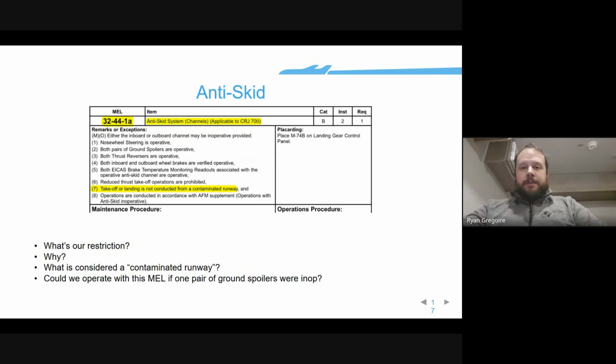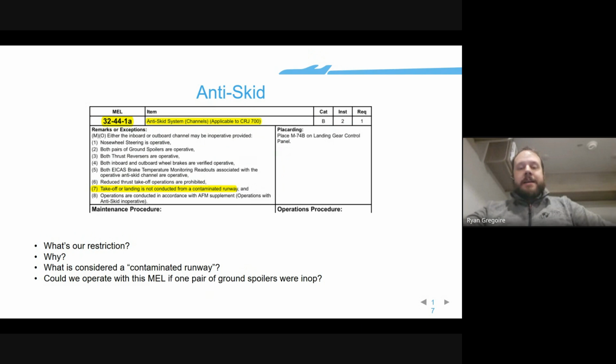A lot of times you will have a max takeoff weight or a max landing weight that is lower than what we talk about in this class as your max takeoff weight and your max landing weight. And that's because there is another factor that is impacting that takeoff weight and landing weight.